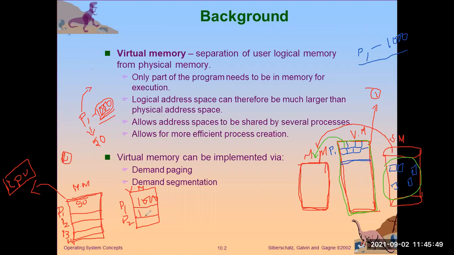For P2 also 1000, for P3 also 1000. But I will copy only those instructions that are required at a particular interval of time. So what will be the benefit? The benefit is I can store as many programs as possible in my memory.